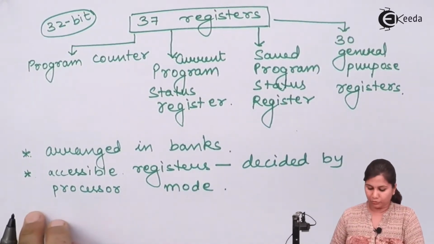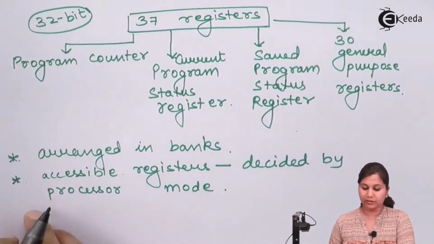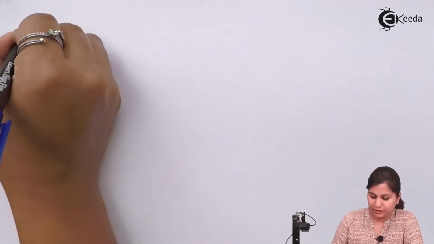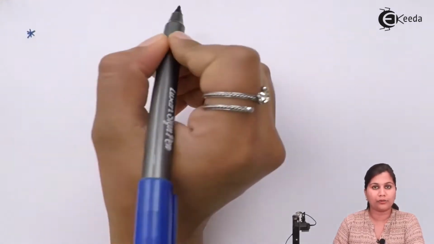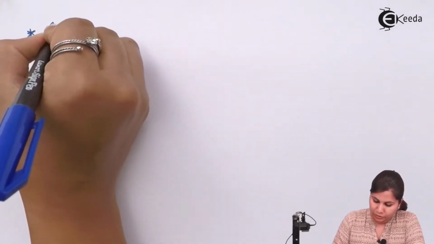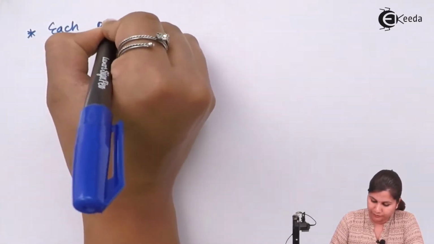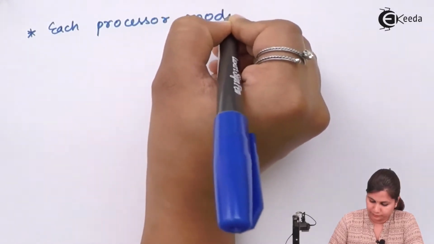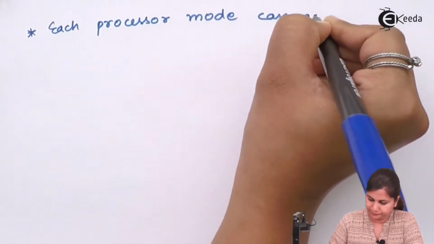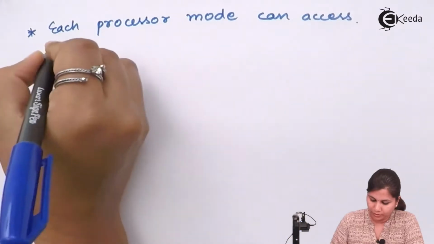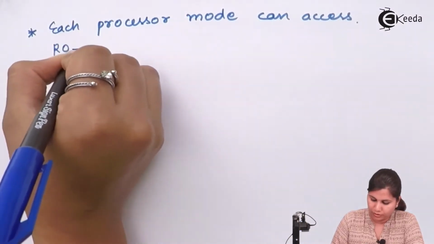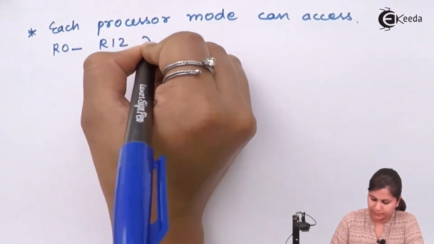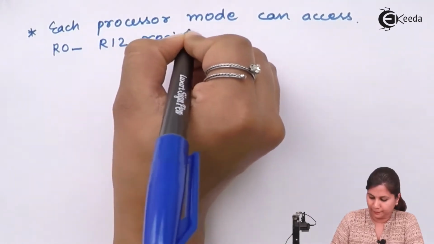Now, if we talk about the modes of the processor, each processor mode can access the R0 to R12 registers.